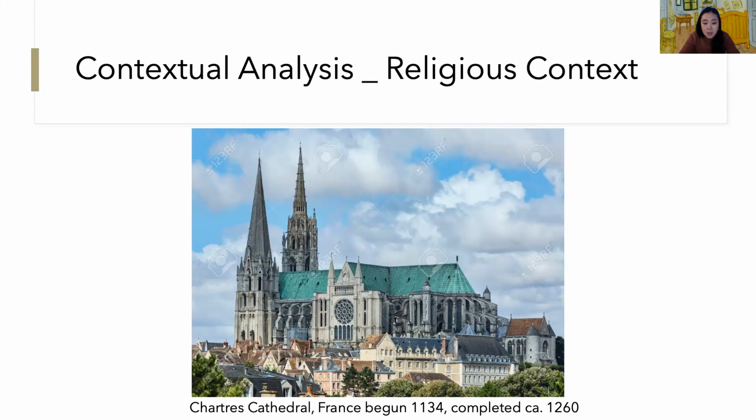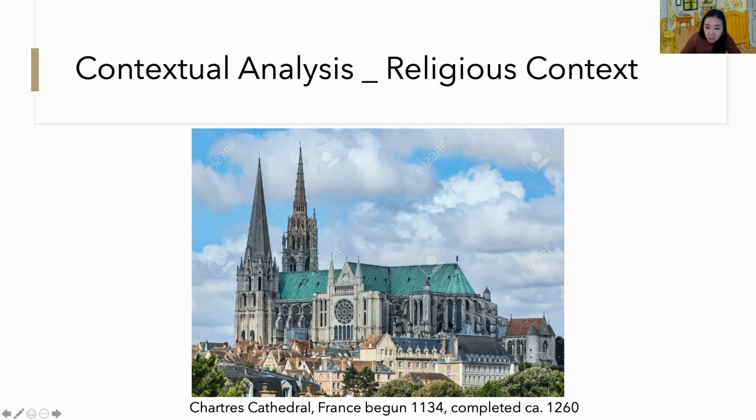He came to believe that an ideal church should have certain characteristics. It should appear to reach up to heaven. It should have harmonious proportions, and it should be filled with light. To fulfill those goals, his architects responded with pointed arches.